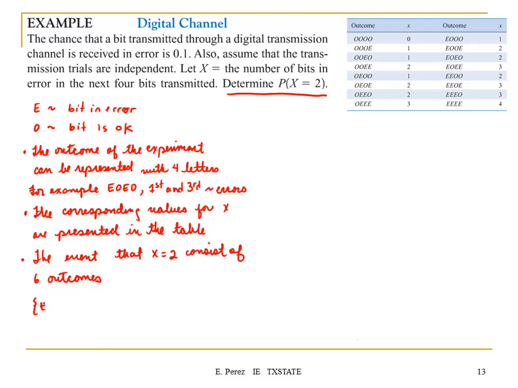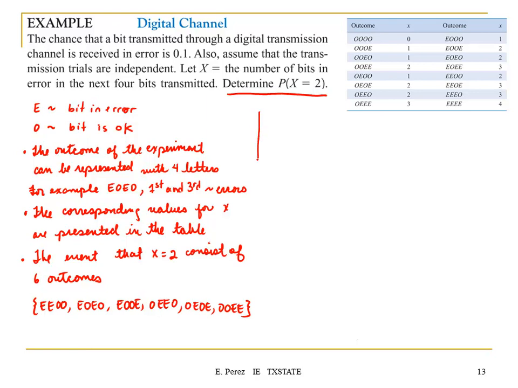Those will be E, E, O, O, E, O, E, O, and so on. Those are the possible outcomes in which you will have a random variable equal to 2. Any questions so far? Okay.